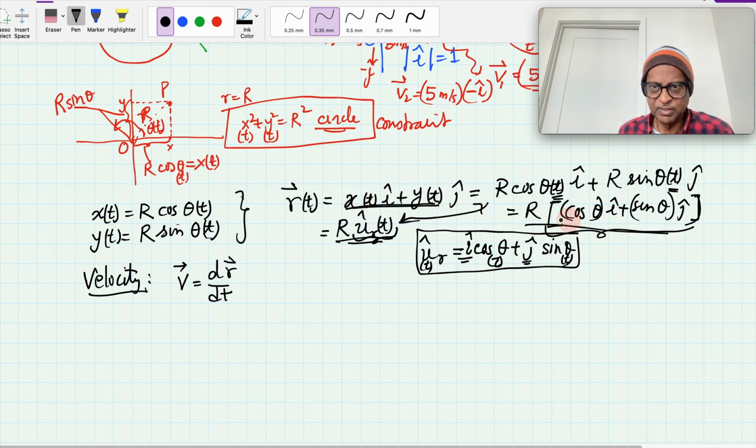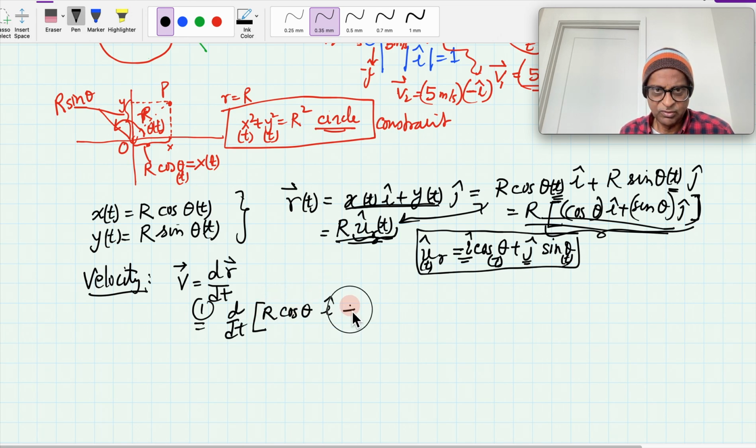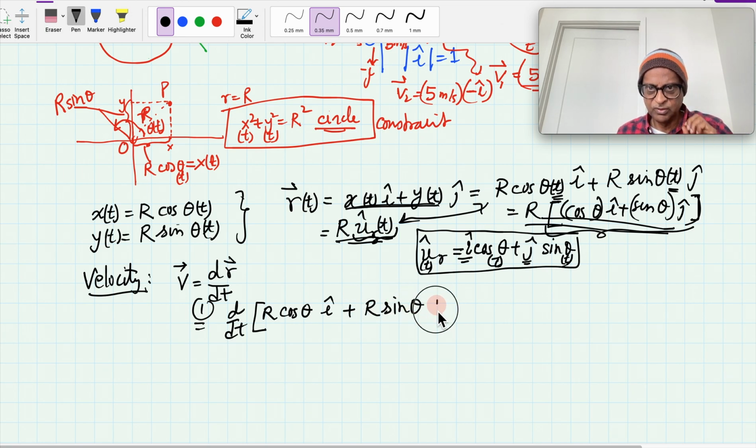So let's do it out. So d dt, let's do the top direction, of R cosine theta i hat plus R sine theta j hat. Theta is the only place t is, the function of t.